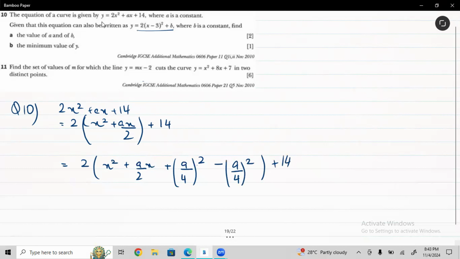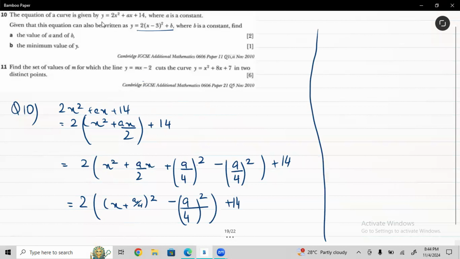Now we are going to solve this quickly, because we have done the tricky part. So we get 2 times x plus a upon 4 whole squared, minus a upon 4 whole squared, plus 14.